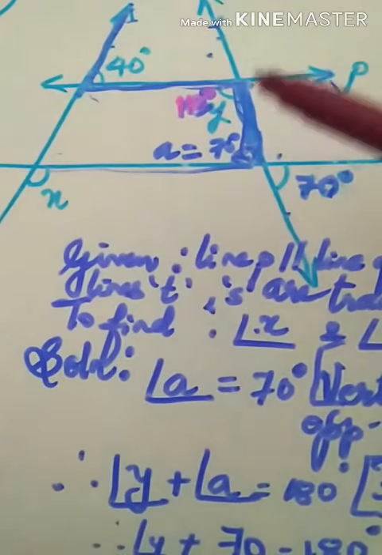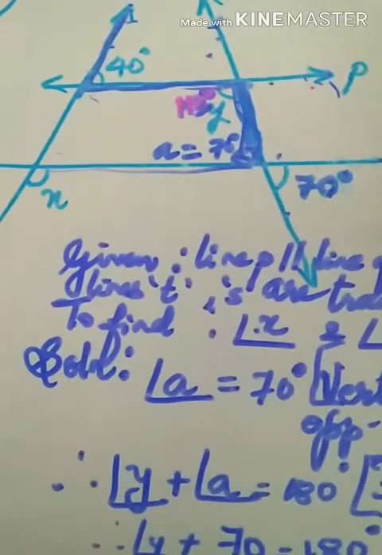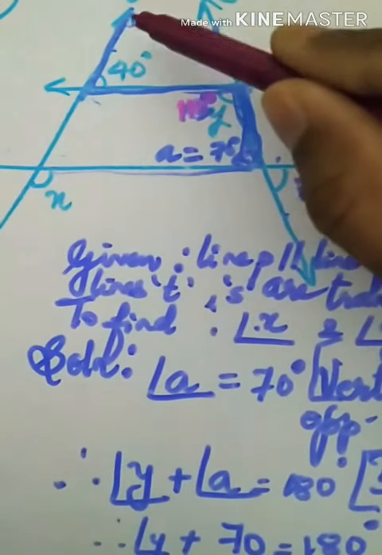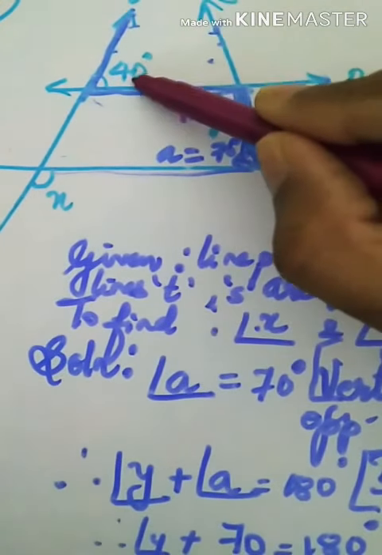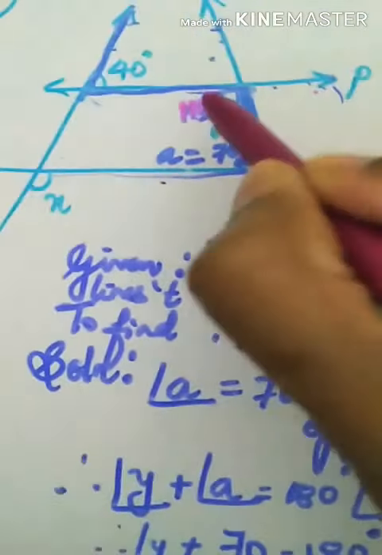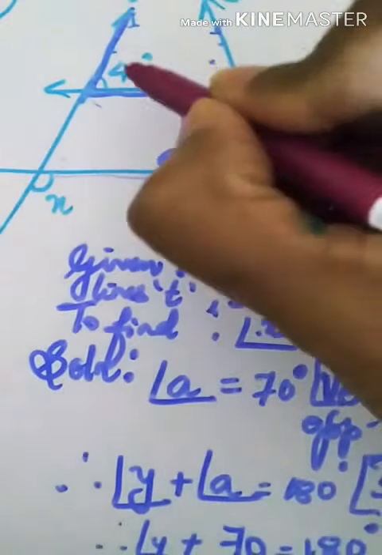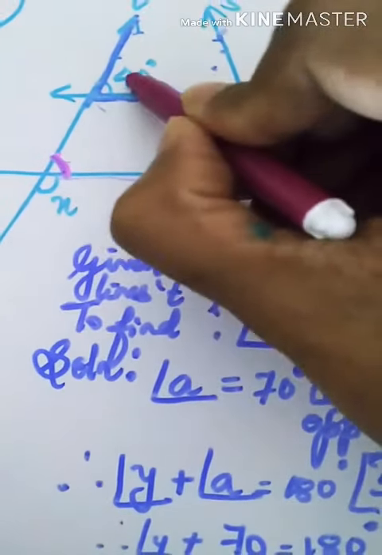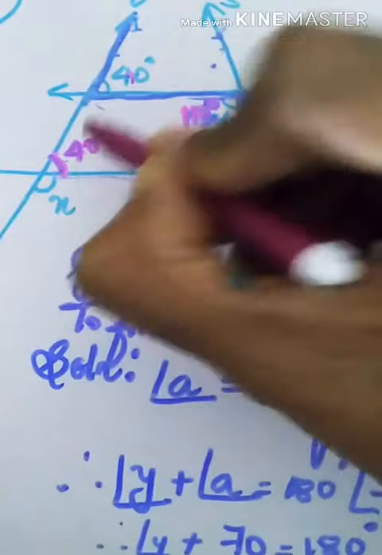Now this is how I am solving the sum. What I see here is angle 40 is this angle. Its corresponding pair is this angle. So if this is 40, this will also be 40.